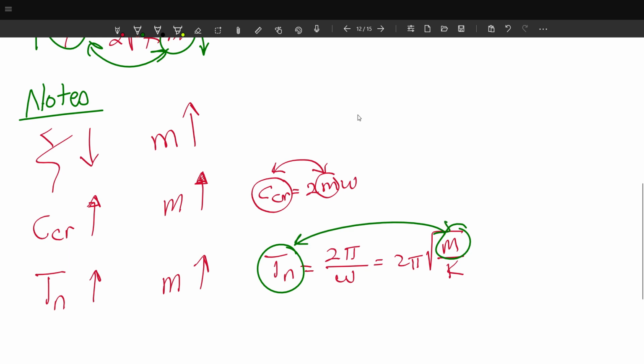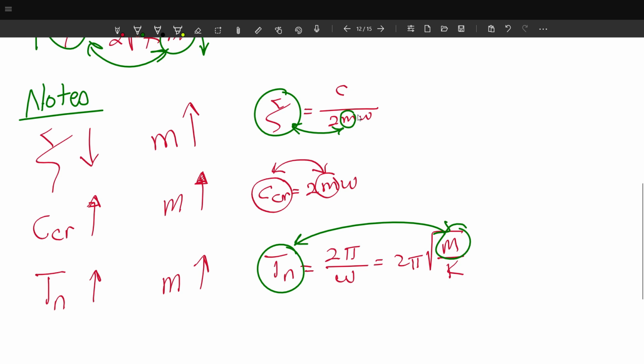However, the damping ratio, the only equation that maybe I didn't put here, equals C over 2m omega. So there is a reciprocal relation between the damping ratio and M. This is an important thing that I want you to remember.